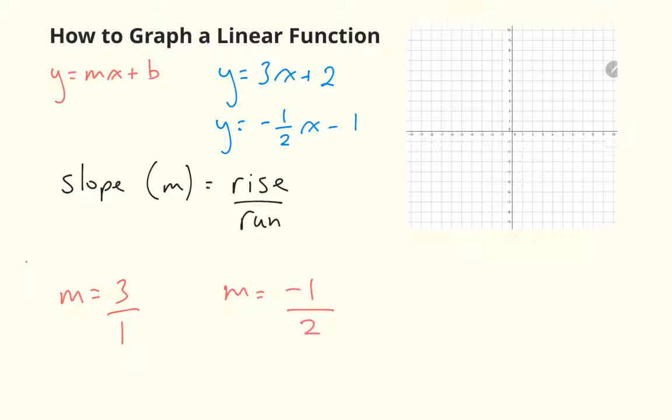I usually default to putting it on top, and therefore I know that the rise in this case is negative, which means that it's not actually a rise, that this thing will be going down. If I were to put the negative on the bottom, it would still work. I would have to know that a negative run would mean that it would be moving to the left instead of to the right, as it usually does.